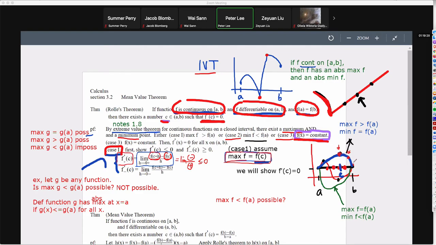Basically what that means is you have a point here and a point here, and if you connect these two points, what kind of slope are you going to get? Of course, you'll always get a negative slope.